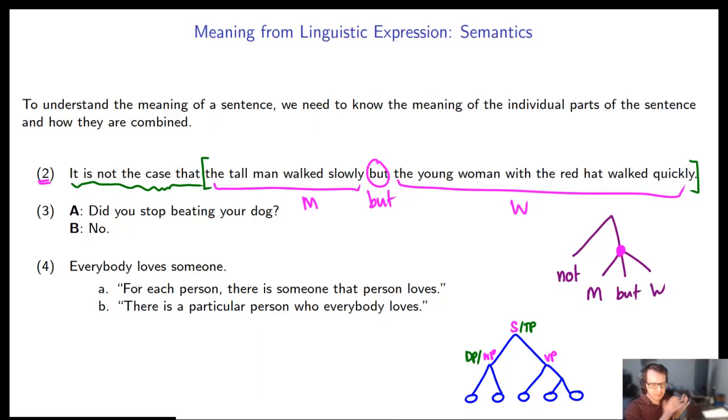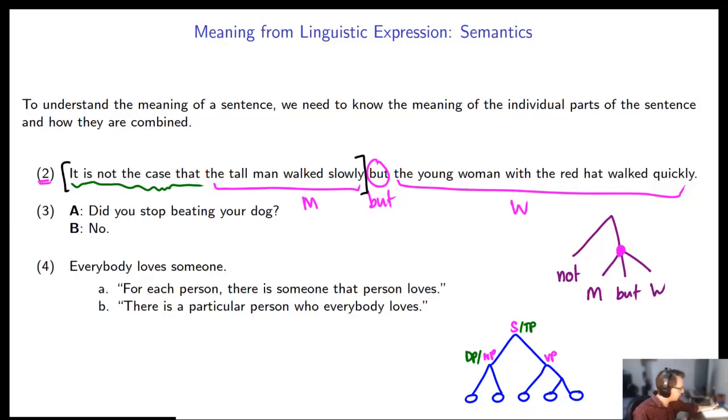But there's another way that we can interpret it. So what if it was just, it is not the case that the tall man walked slowly, but the young woman with the red hat walked quickly. So the not is just negating the tall man walked slowly, but the woman with the red hat walked quickly is true.